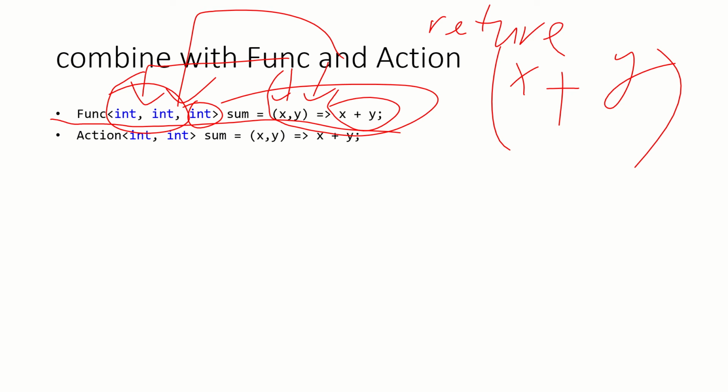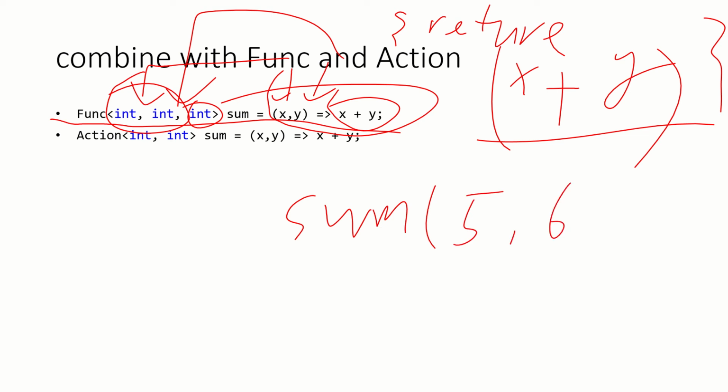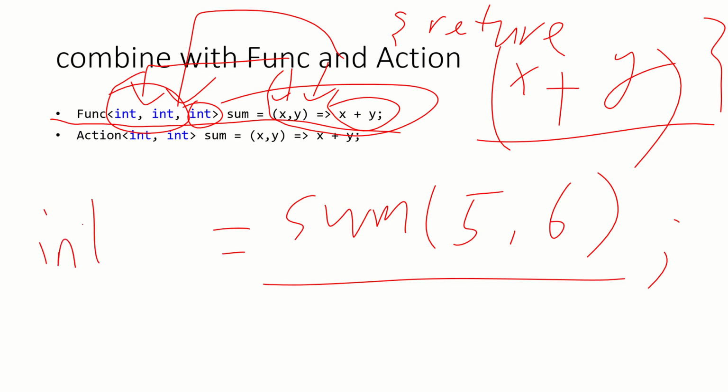If we write it as a normal method, right, we want to get the result x plus y, right? So if we want to call it, you just call sum 5, 6. This one returns int, and it would be 11, right?